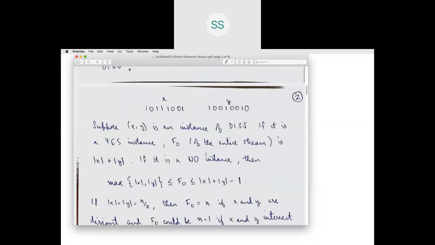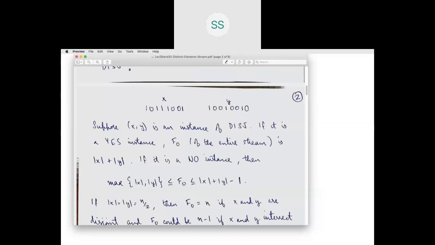Why? Suppose it's a yes instance of disjointness, meaning it is disjoint, so x and y don't share anything. Then none of the elements that appear in x reappear in y. So the frequency moment is the size of x plus the size of y, the number of ones in x plus the number of ones in y.